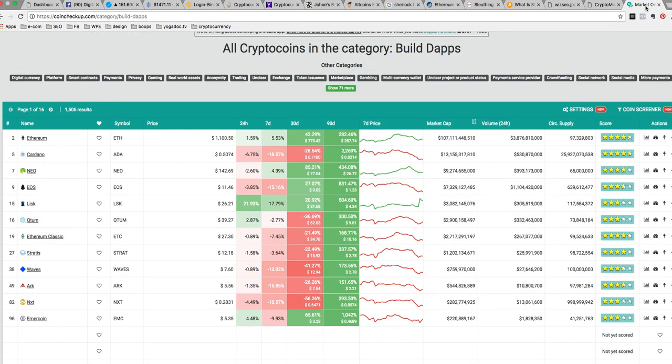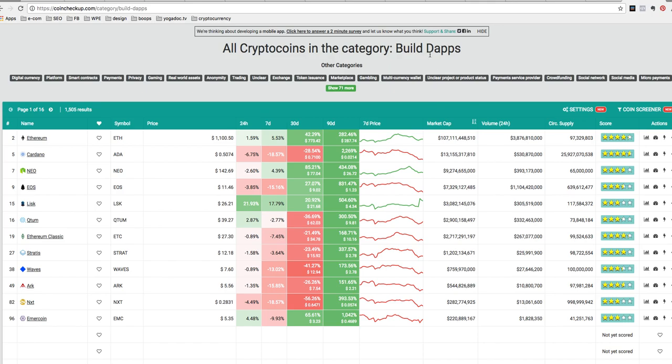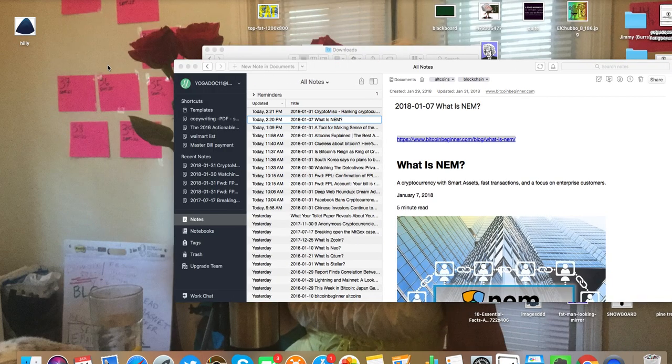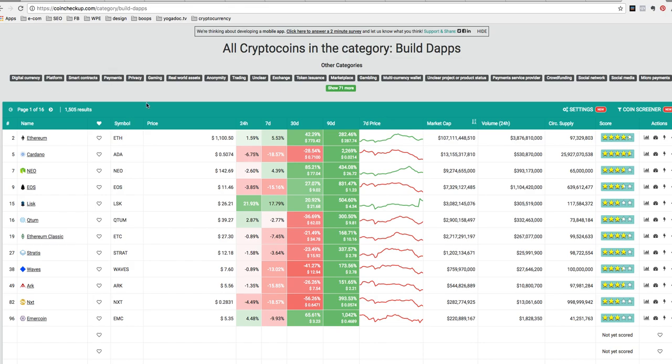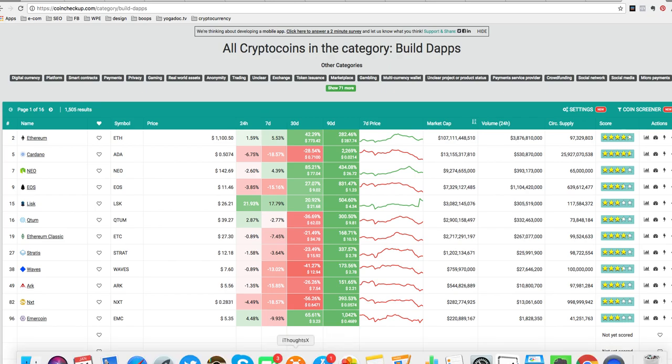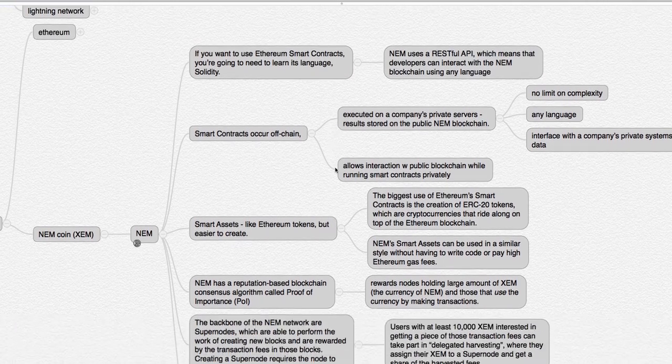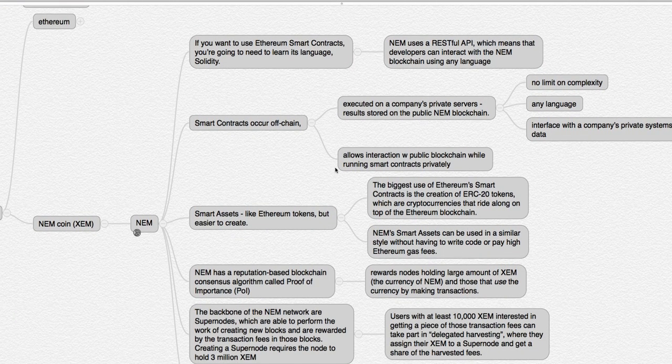If we look back at the category, build decentralized applications in Coin Checkup, you can see that NEM coin is not listed here. I don't know why that is, but if we look at the features of NEM coin, you can see that it is a blockchain builder.